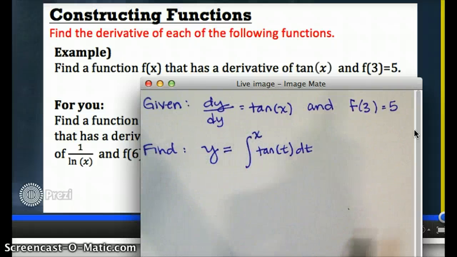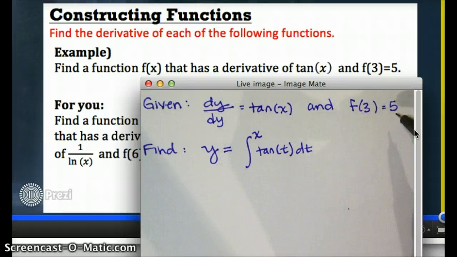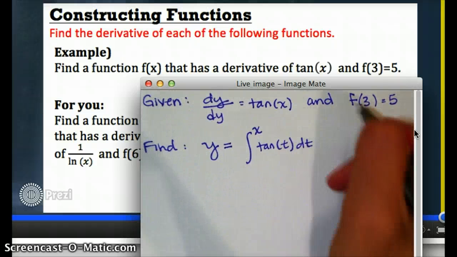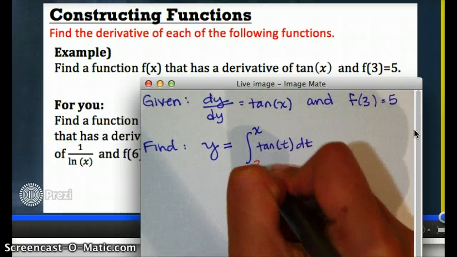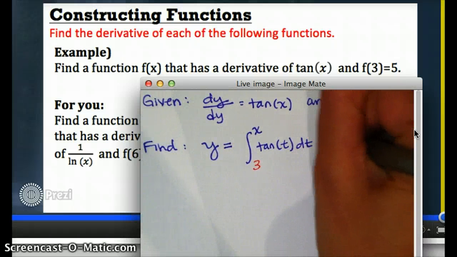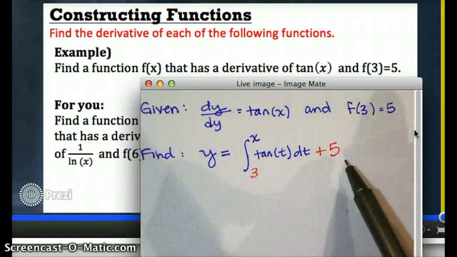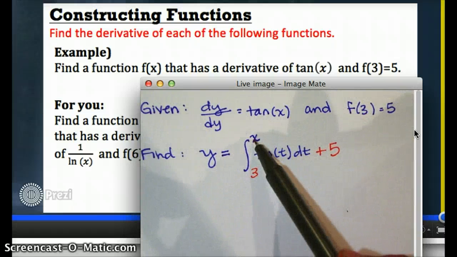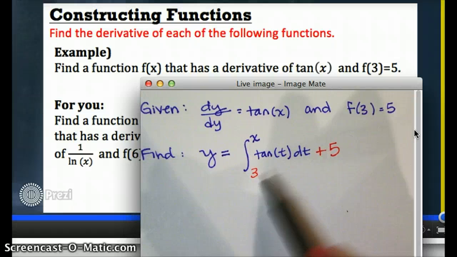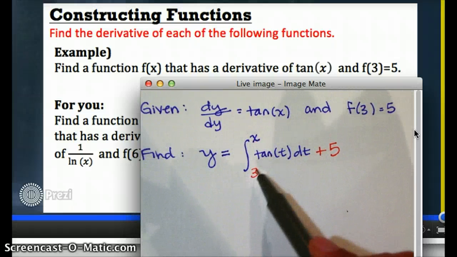So all I need to do now is actually just ensure that if I plug in 3, I get an answer of 5. And the sneaky way to do that is if you take that same x value 3 and you use it as your lower term of integration, and then you add 5 to this integral, look what happens if I were to plug in 3 to this function. Well, I plug in 3 for x right here, which makes this integral equal 0, because 3 to 3, same number, got to be 0.